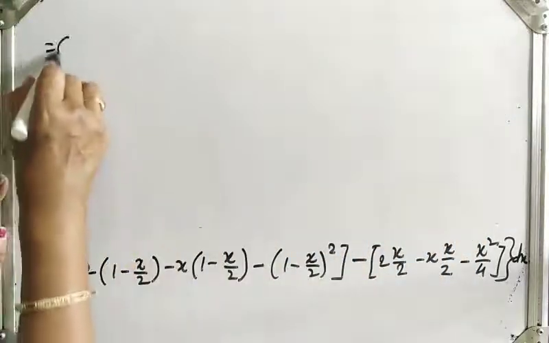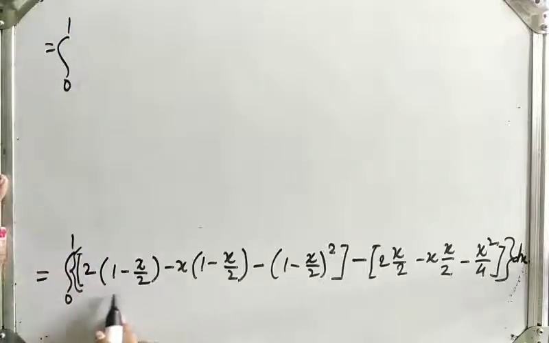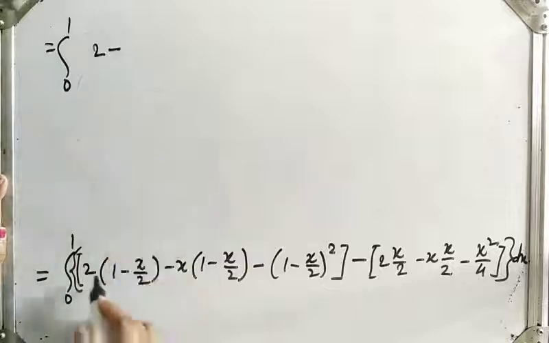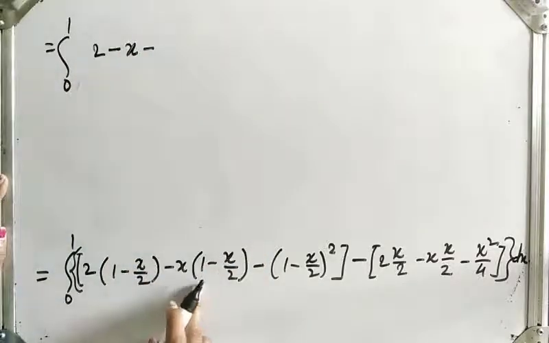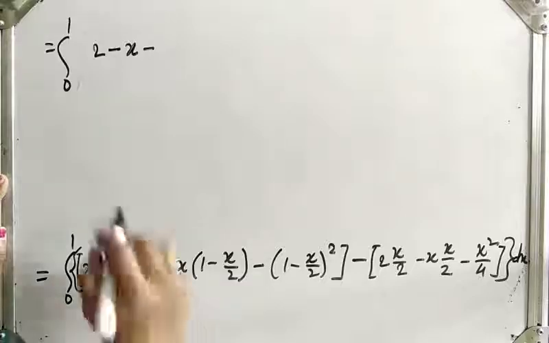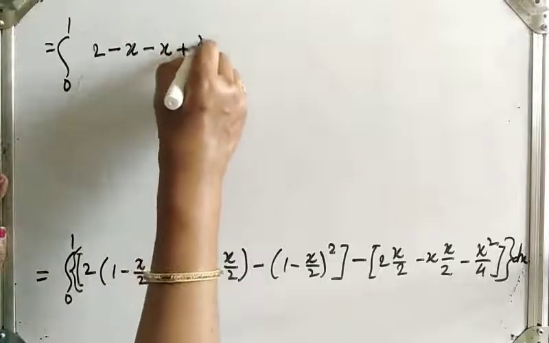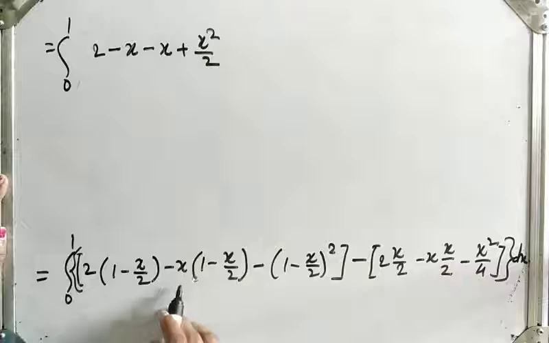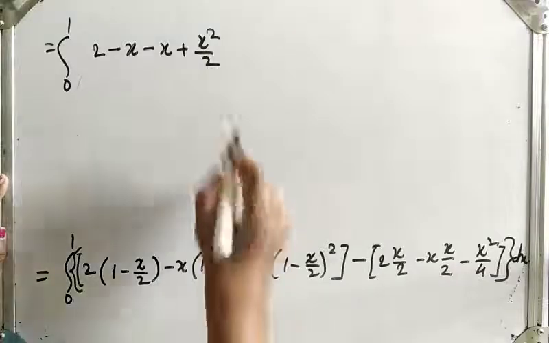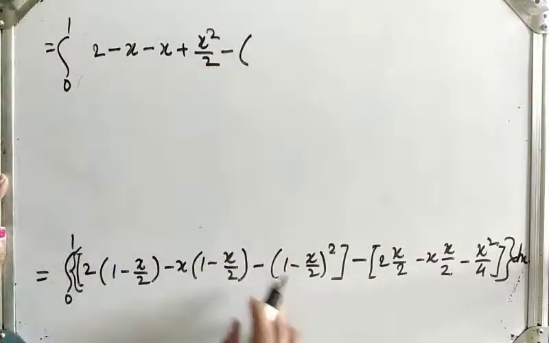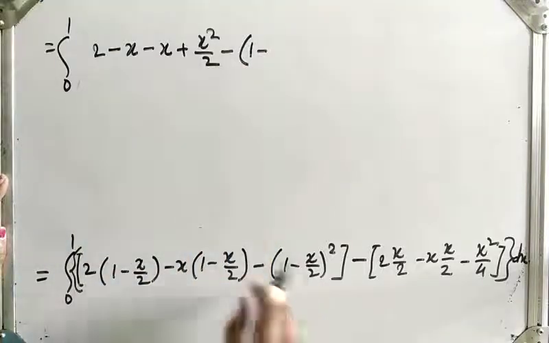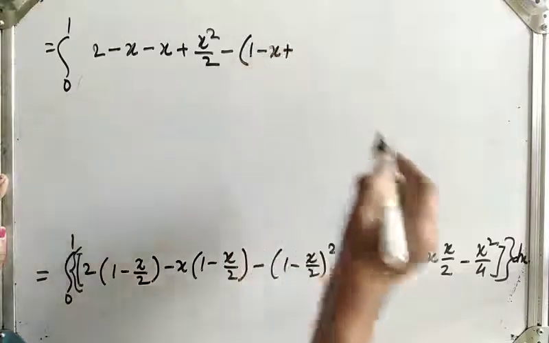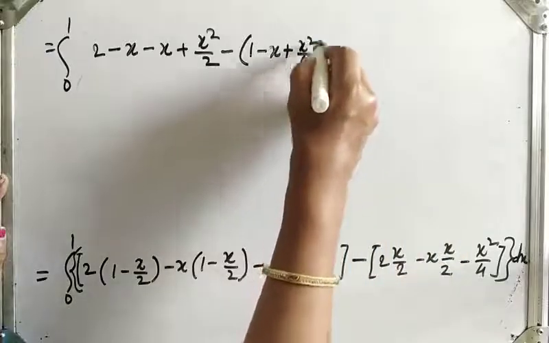Now let us simplify it, which is equal to integration from 0 to 1, 2 into 1, 2 minus 2x by 2, that is x, minus x plus x square by 2, minus x plus x square by 2, minus its expansion 1 minus 2 into first term into second, that will be x plus x square by 4.